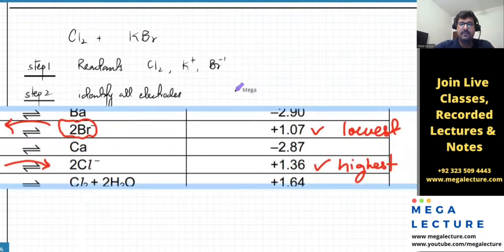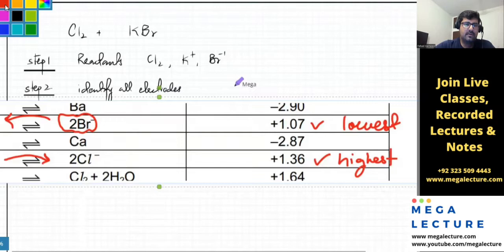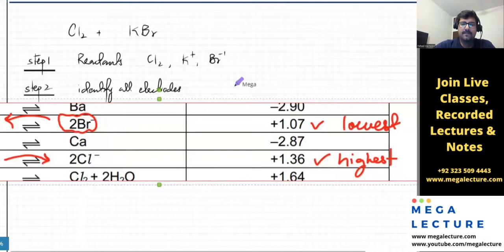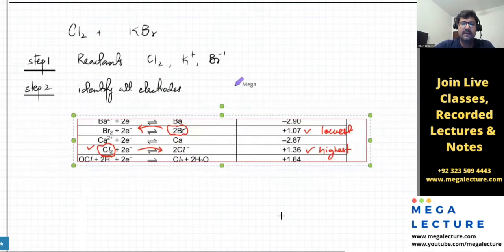Just from the data booklet, I figured this out.